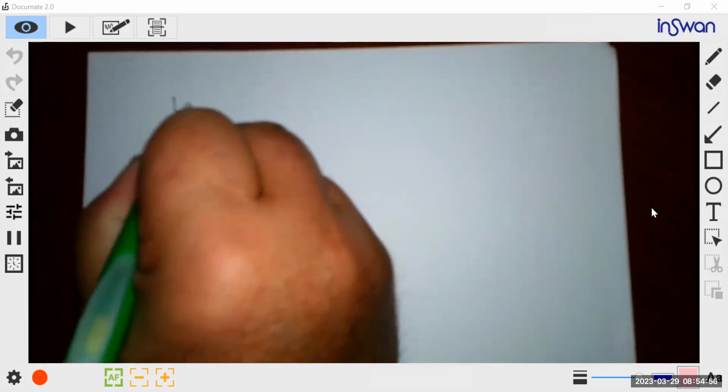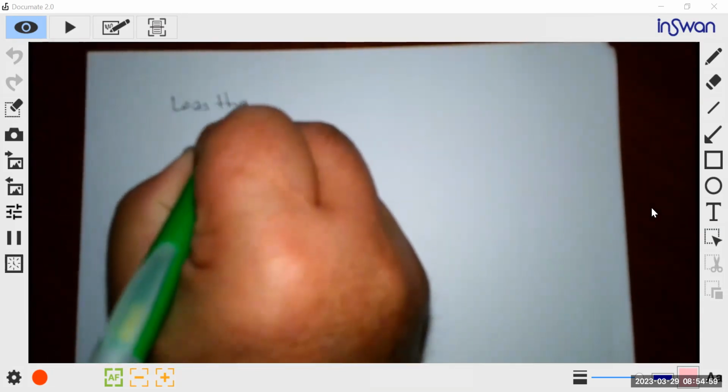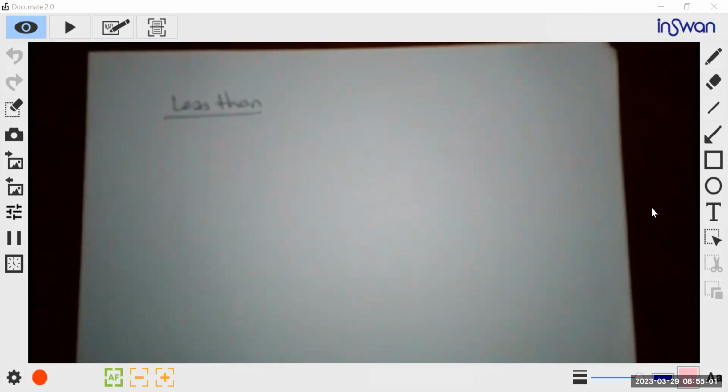Inequalities. Less than. How would we define the term less than?